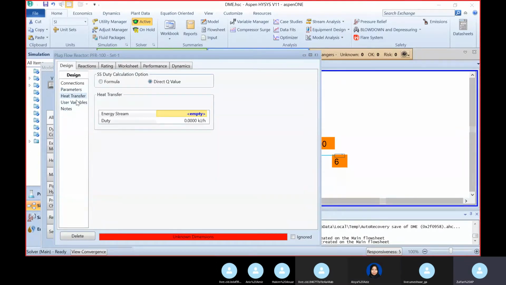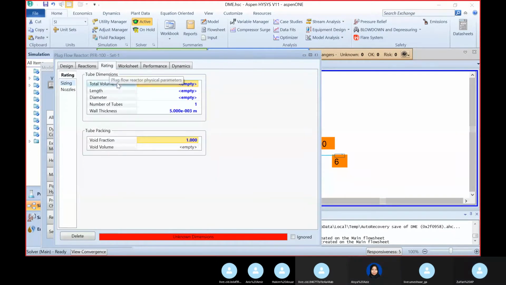Or rating, maybe rating. Yeah, this one. So I think we go to this reactor. In the previous page, we can see the reactor is carbon steel, and the diameter is 0.72 meters.